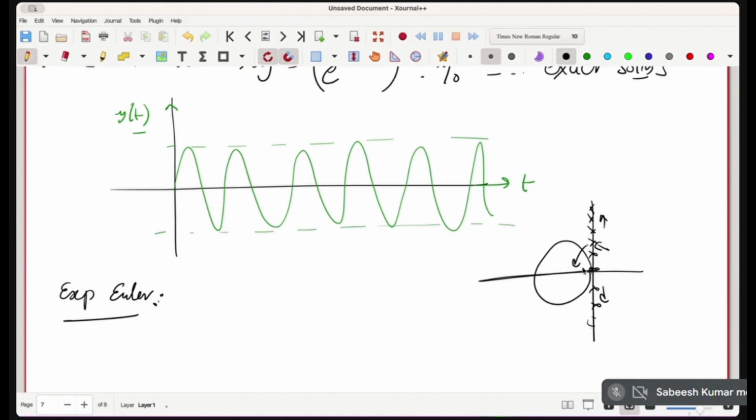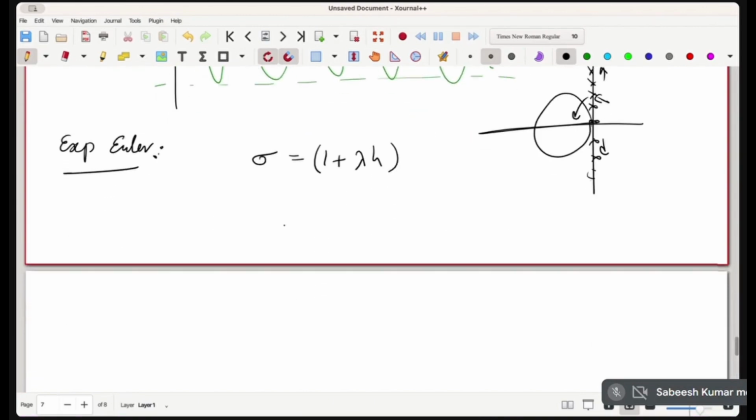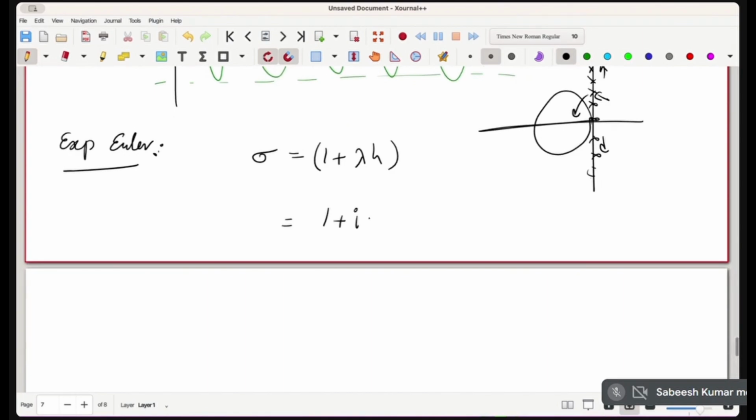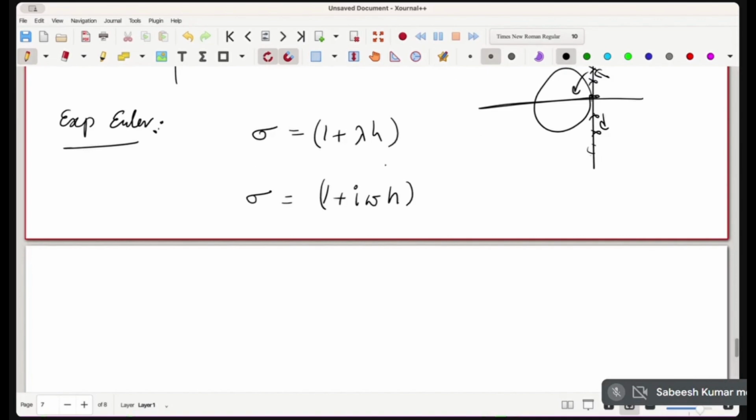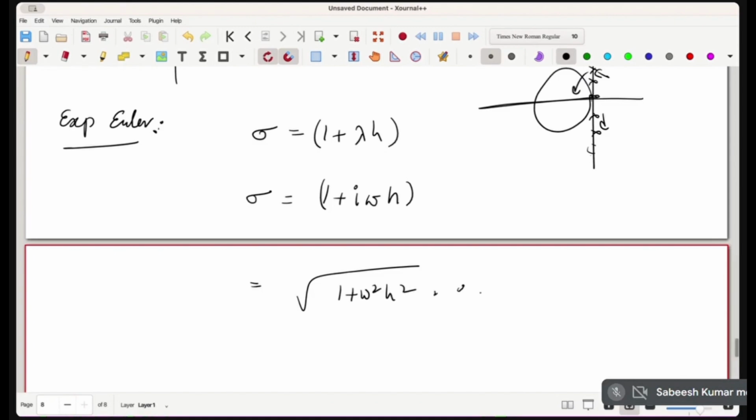However, I would like to take a look at what exactly the explicit Euler method is doing. We know that sigma equals 1 plus lambda h for the explicit Euler method. That means this is 1 plus I omega h, which is the square root of 1 plus omega square h square times e to the power I theta, where theta equals tan inverse of the imaginary part omega h divided by the real part 1.